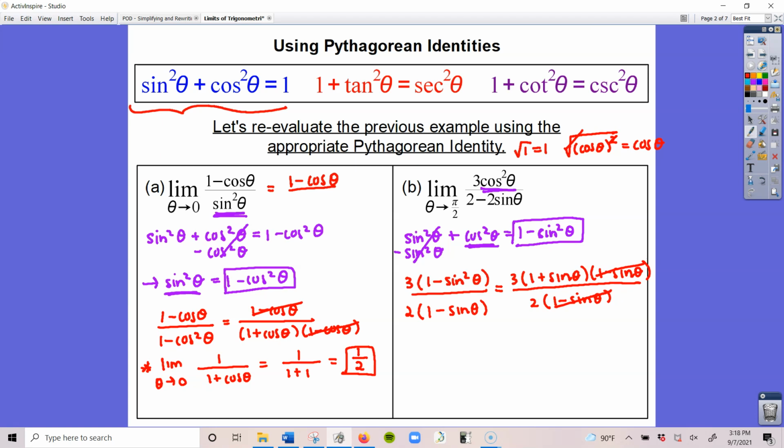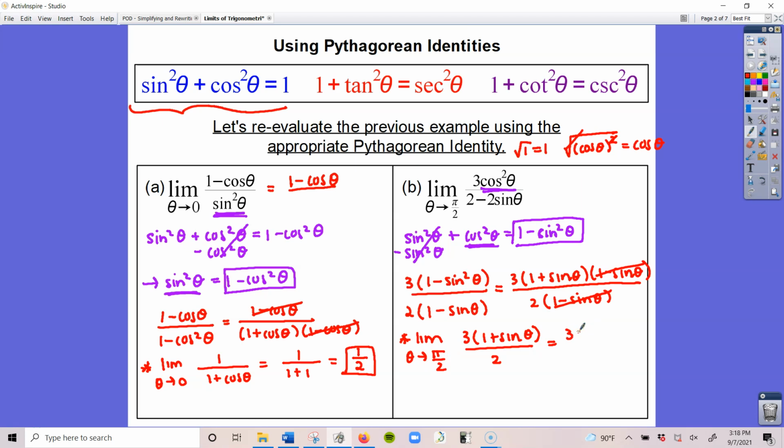These factors here would cancel, and so let me rewrite this limit. This is the limit as theta approaches pi over 2 of 3 times 1 plus sine theta all over 2. Now we can plug in the pi over 2.